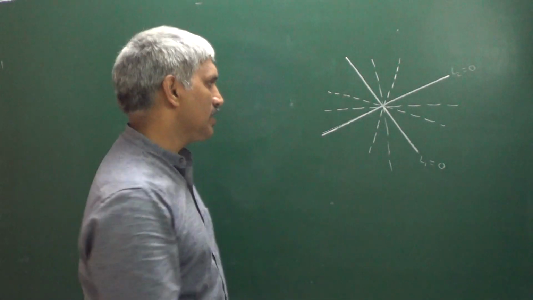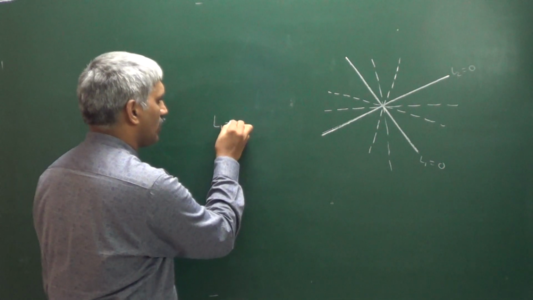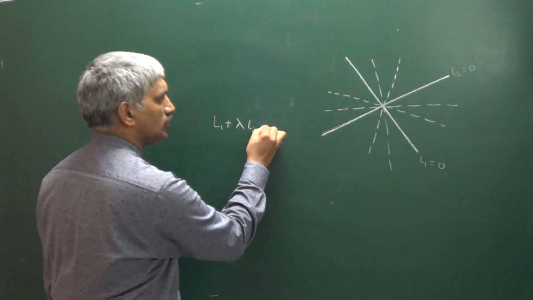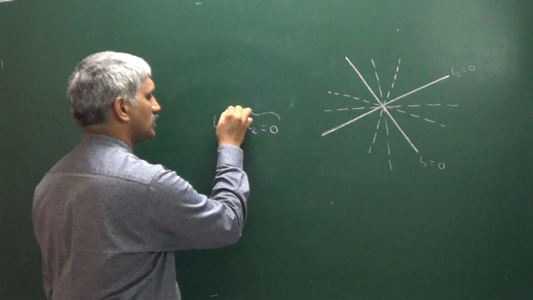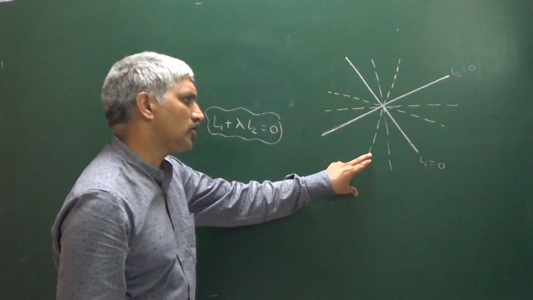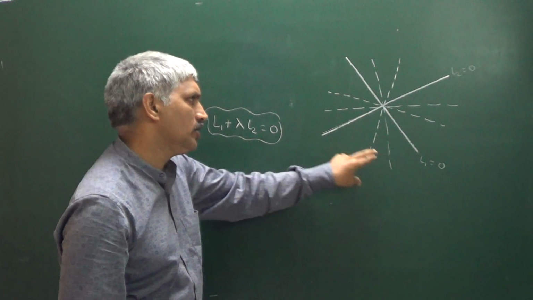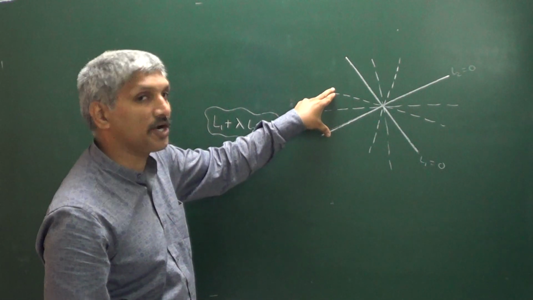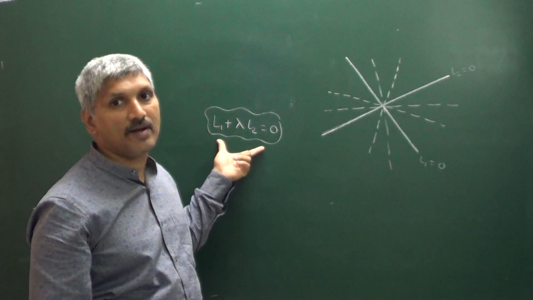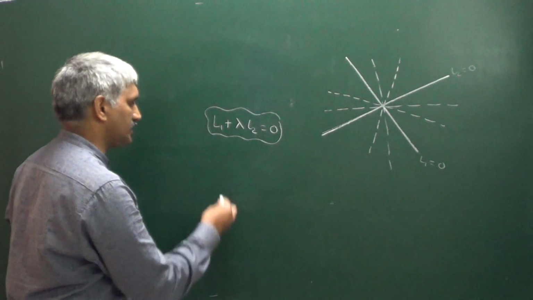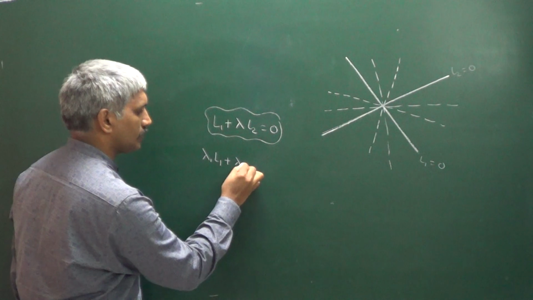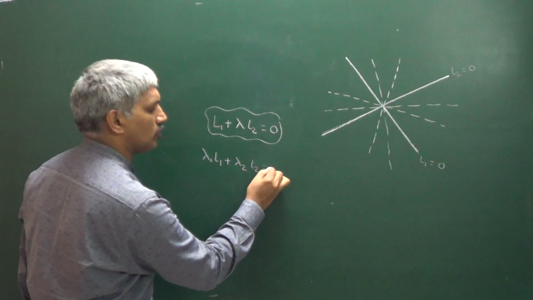All those lines must be in the form of L1 plus lambda L2 equals 0. Any line, either this dotted line or this dotted line, all these lines must be in the form of L1 plus lambda L2 equals 0, or otherwise I can write lambda 1 L1 plus lambda 2 L2 equals 0.